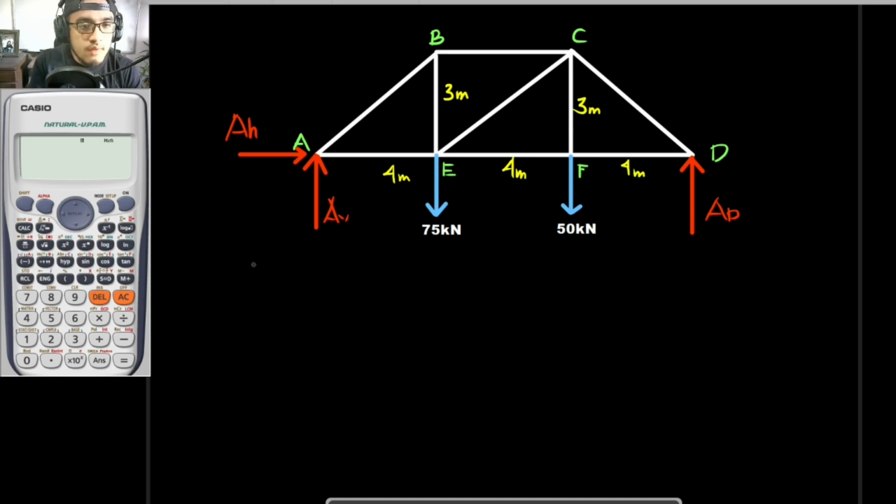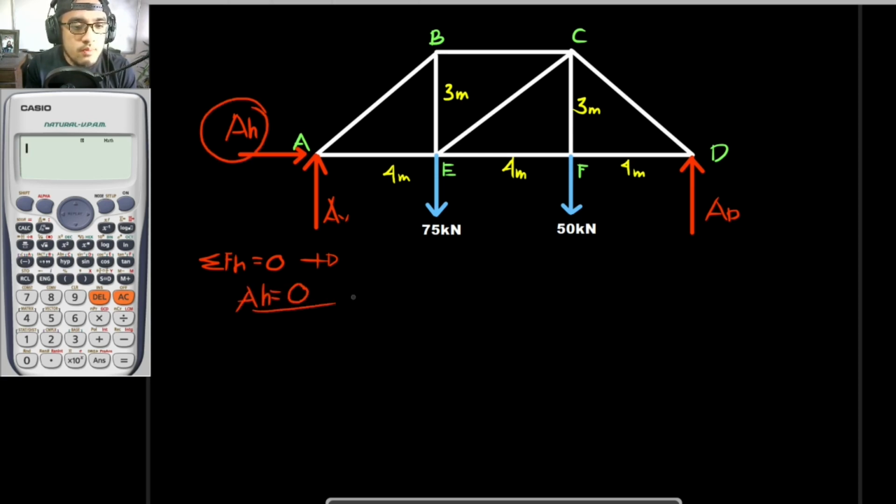So if I would be getting the summation of forces horizontal, summation of forces horizontal is equal to 0, and I would be assuming to the right positive. And by that, our only force in the horizontal plane is only AH. So AH is equal to 0.